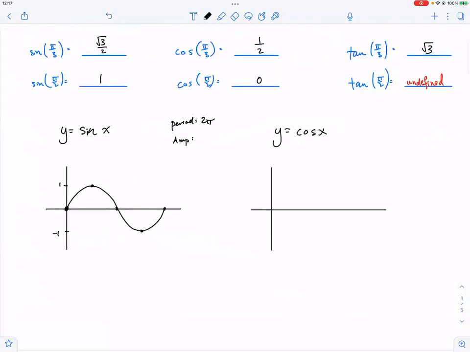And then for cosine x, where do we start? 0, 1. Okay, it starts at the peak. What's the period for cosine? Still 2 pi. Amplitude, it's also 1.